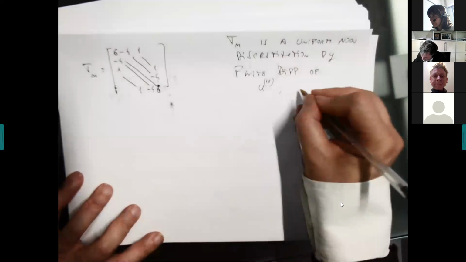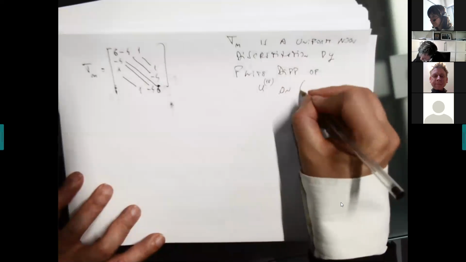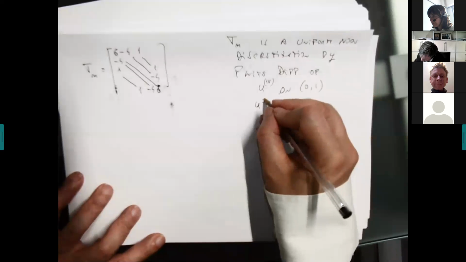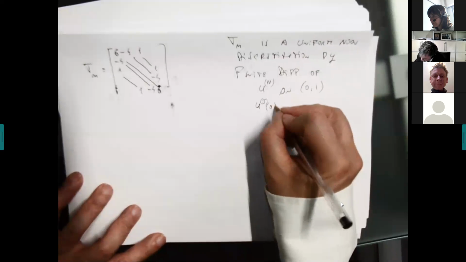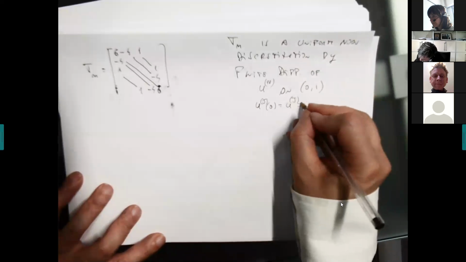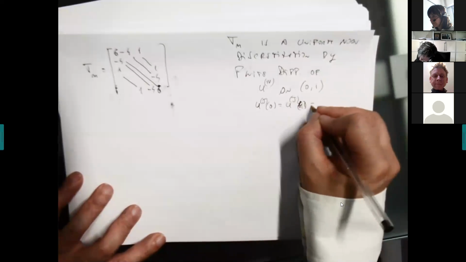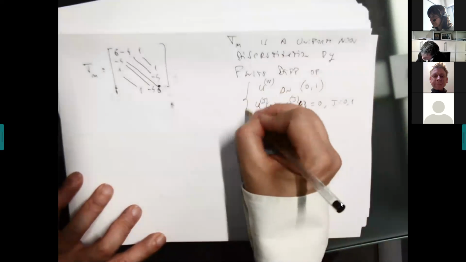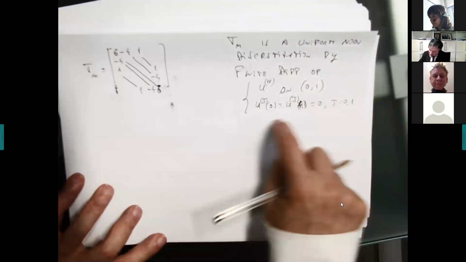And you should add, like on 0, 1, this kind of constraint: uj of 0 equal to uj of 1 equal to 0 for j from 0 to 1. Okay, so four boundary conditions.